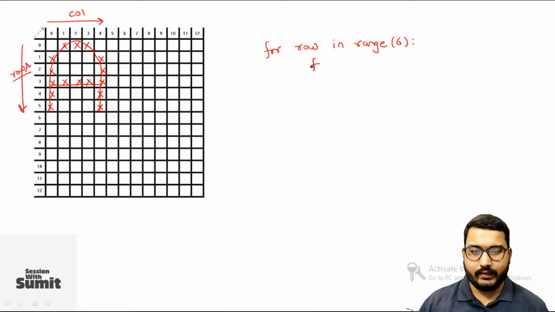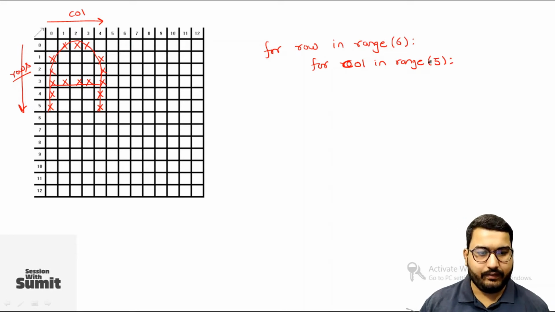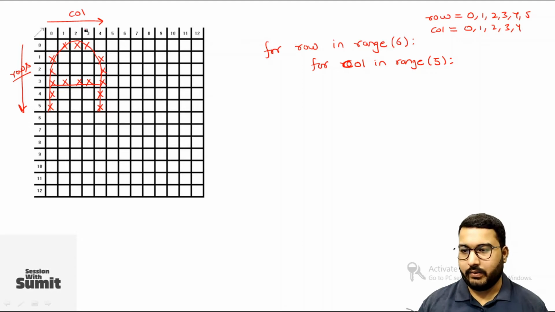Then within this I need a for loop, so for col in range, and this will be from 0 to 4, so it will be range 5. So in this case my row element will have 0 1 2 3 4 and 5, while the column element will be 0 1 2 3 and 4. That is what we require over here.